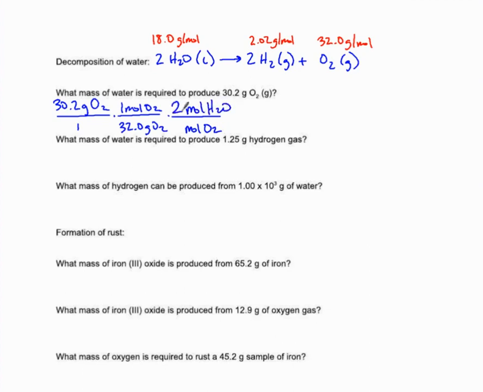We get 2 waters for every 1 oxygen. And then we're ready to change moles of water to grams of water. That's what mass is asking us for, grams. So 1 mole of water we found to be 18.0 grams. Put this in the calculator and it is 34.0 grams of water.